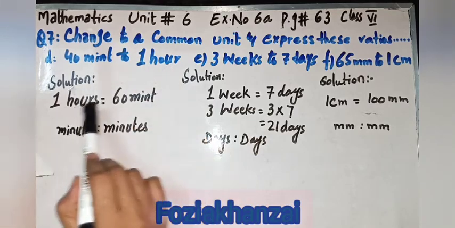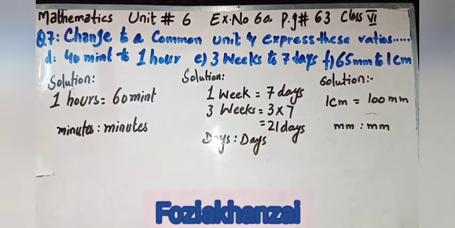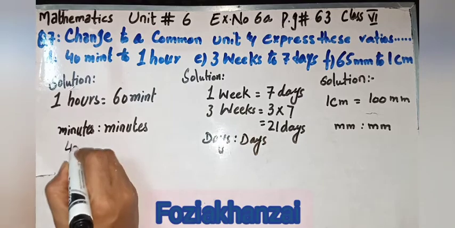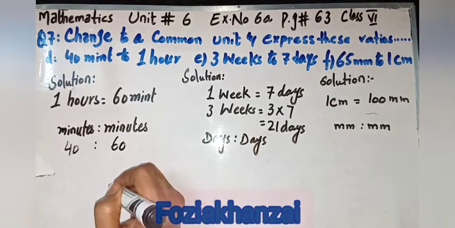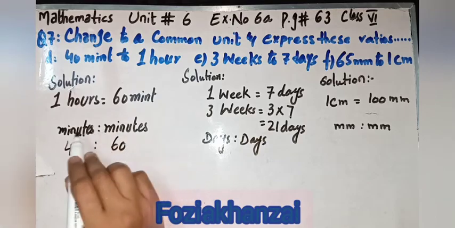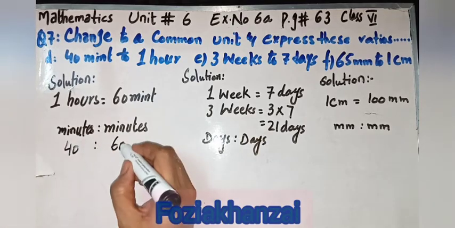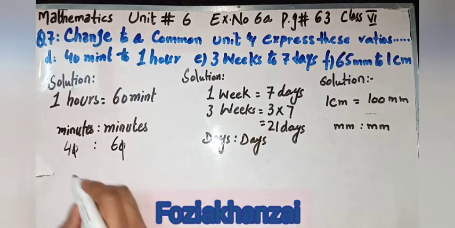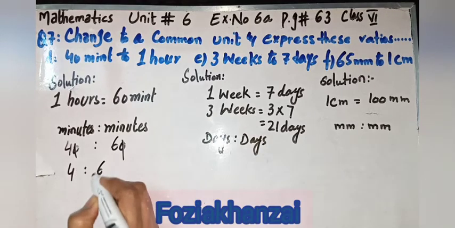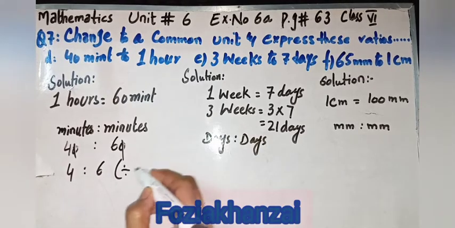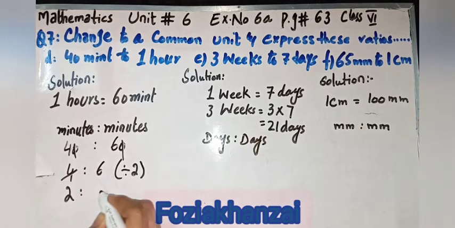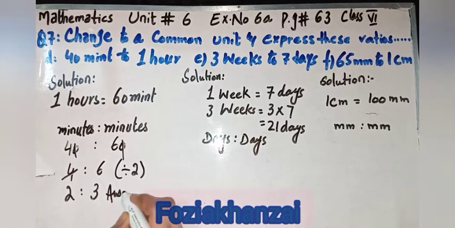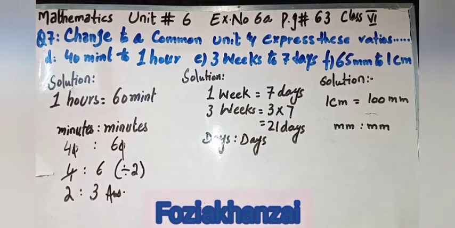So 1 hour is equal to 60 minutes. 40 minutes is to 60 minutes. Clear? Both sides the same quantities, minutes. So 0 cut with 0. 4 is to 6, copy down. Now reduce by 2. 2 2s are 4, 2 3s are 6. 2 is to 3 would be the answer of part D.